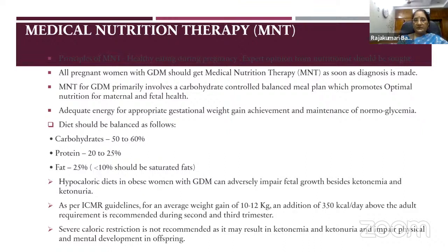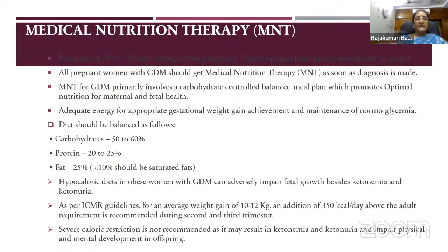The goal is to achieve normoglycemia and prevent ketosis and ketonemia, which impair the physical and mental development in offspring, and to maintain proper weight gain, around 10 to 12 kgs. An addition of 350 kilocalories per day above the adult requirement is recommended during the second and third trimester, so that maternal and fetal well-being will be good.